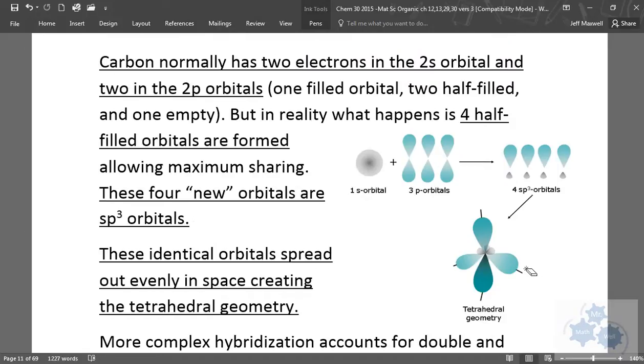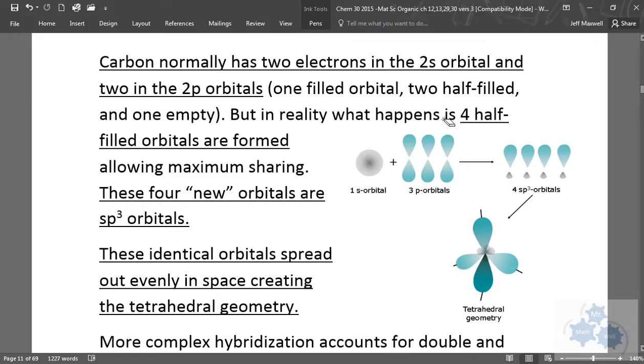Okay, so how does this happen exactly? Carbon normally has 2 electrons in the 2s, and we know that from looking at the table. There would be 2s electrons, and there would be 2 p electrons. That's what it would normally have. One's a filled orbital, and 2 half-filled orbitals, and then 1 empty p orbital.